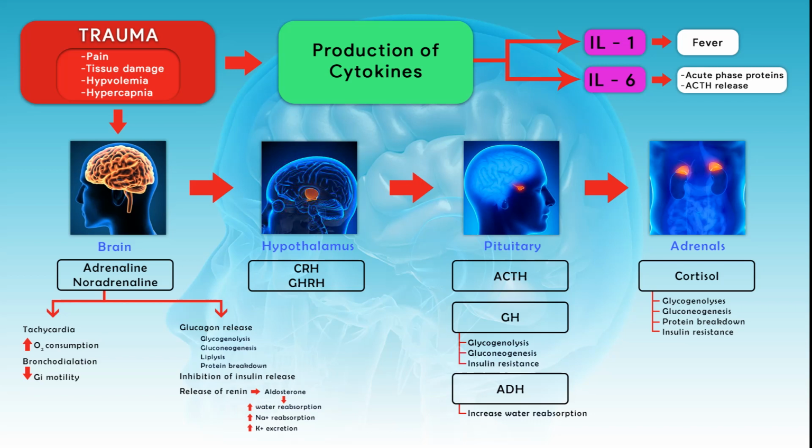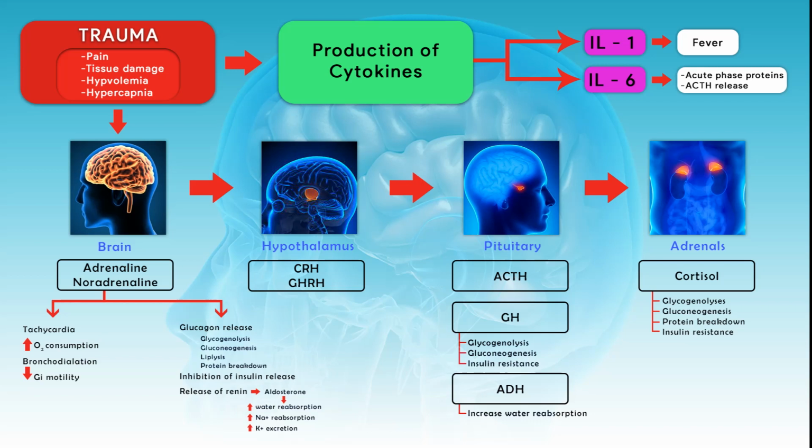These catecholamines result in tachycardia, increase of oxygen consumption, which ensure adequate oxygen and nutrient supply, bronchodilation, and decrease of GI motility. They also result in inhibition of insulin secretion while stimulation of glucagon release from the pancreas. Glucagon is involved in breakdown of glycogen, gluconeogenesis, lipolysis, and breakdown of proteins.